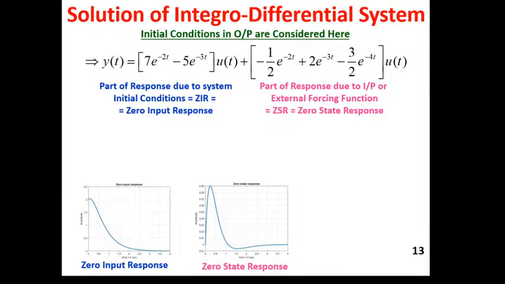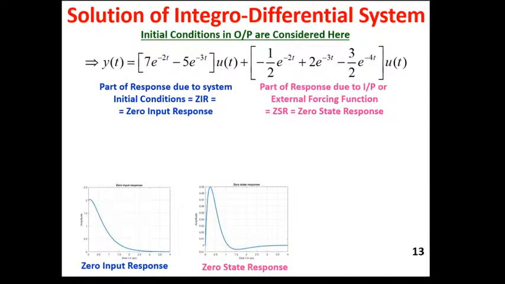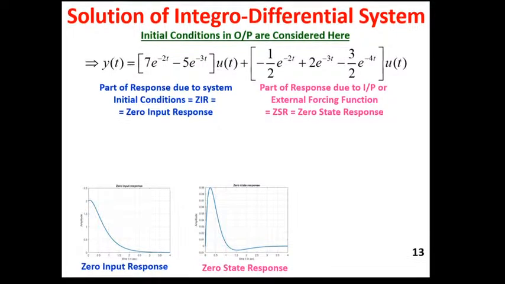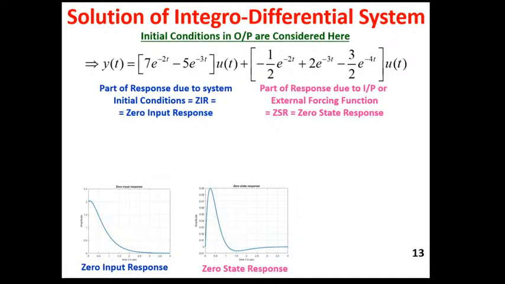And if we add these two graphs together, that is the next part. If you are adding these two things, what we will get is the zero input response and zero state response together, giving the combined response of the system.